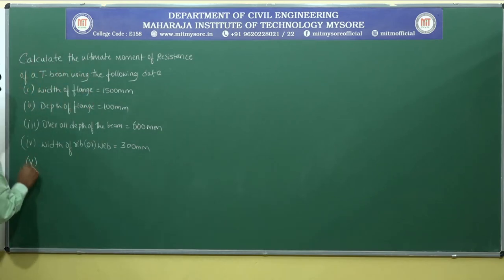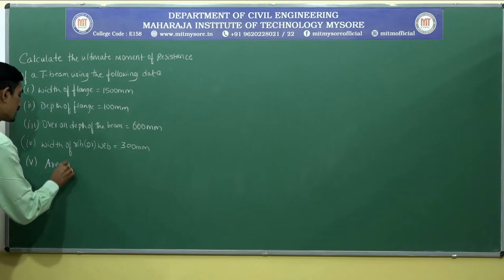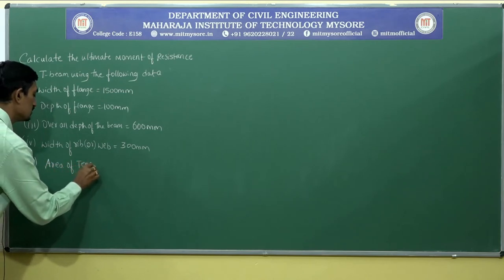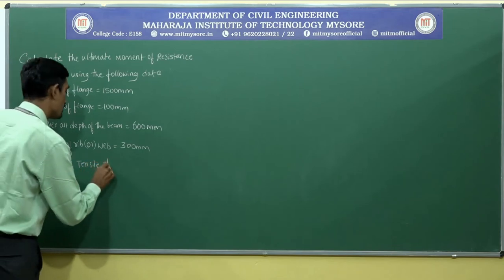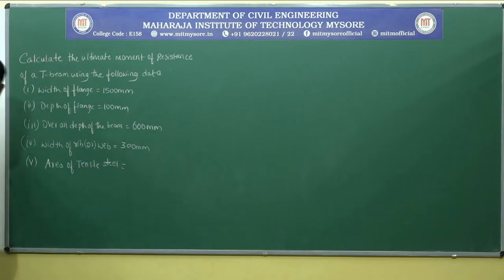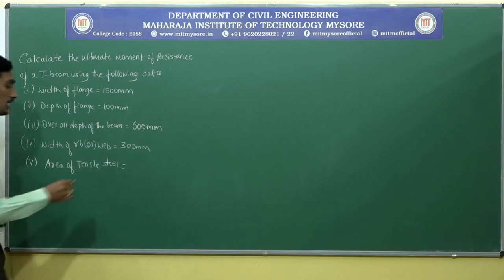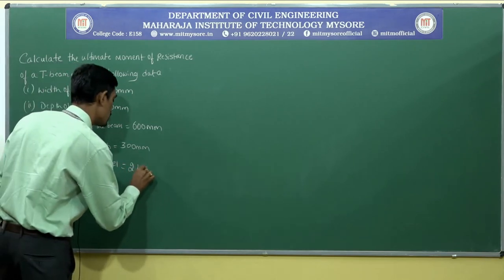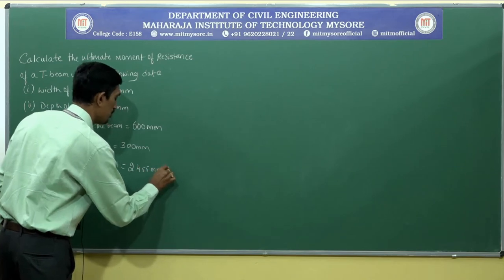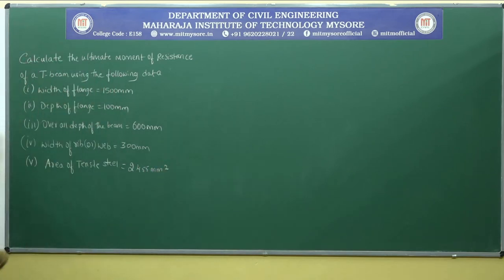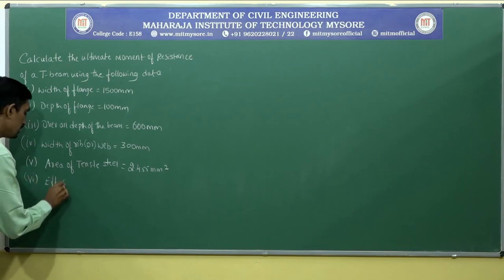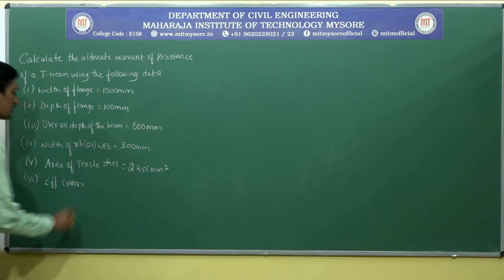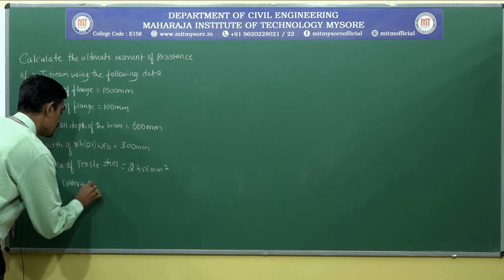Next, area of tensile steel equal to 2455 millimeter square. Next, effective cover, they have given directly: effective cover equal to 40 millimeter.